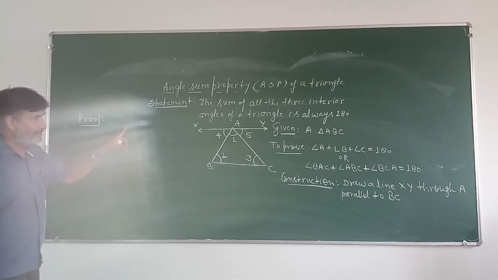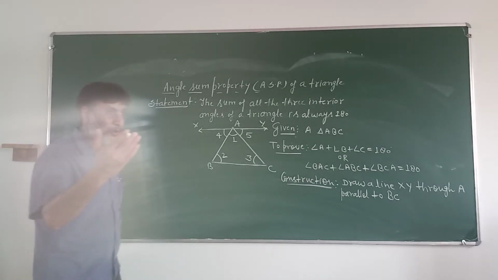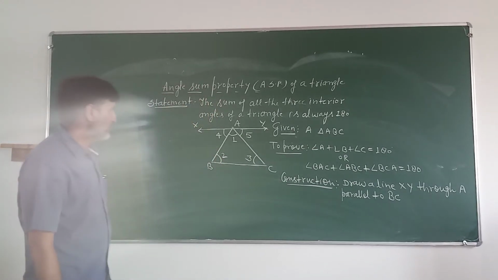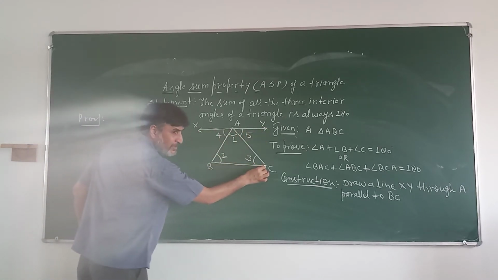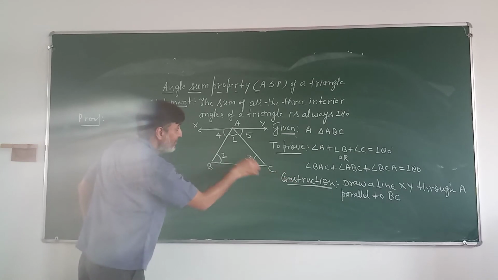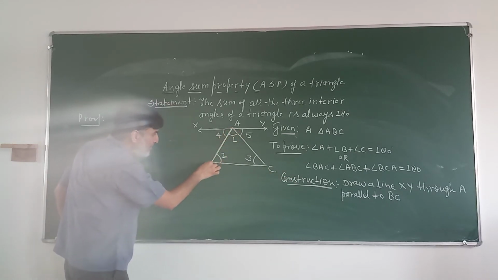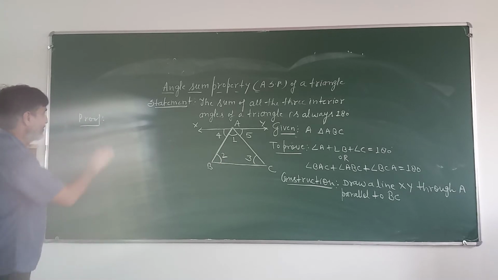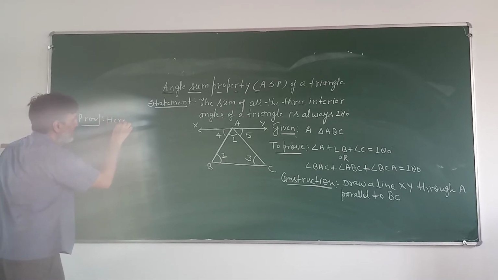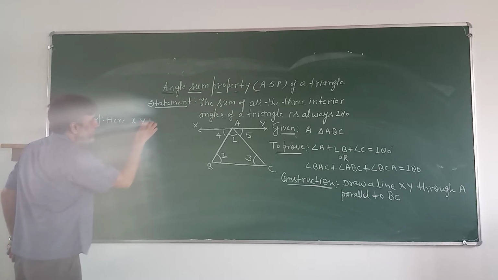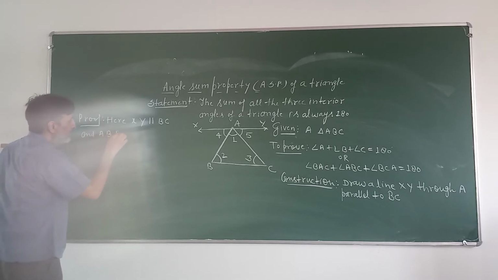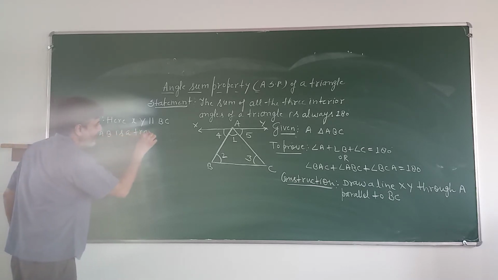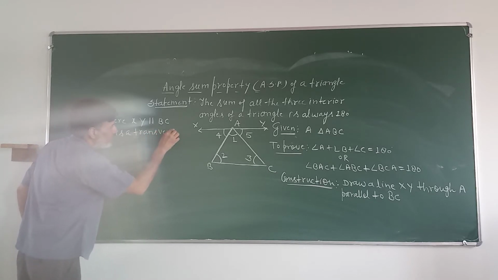Now here, just see students, using the properties of parallel lines, this XY is parallel to BC according to our construction, and we treat AB as a transversal.